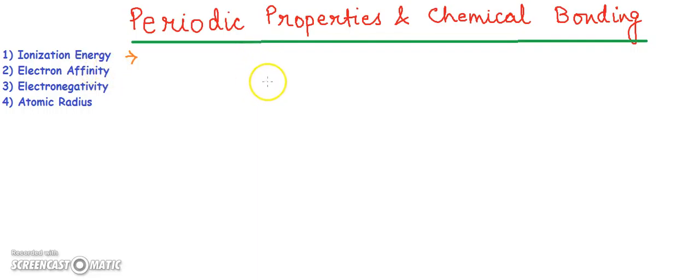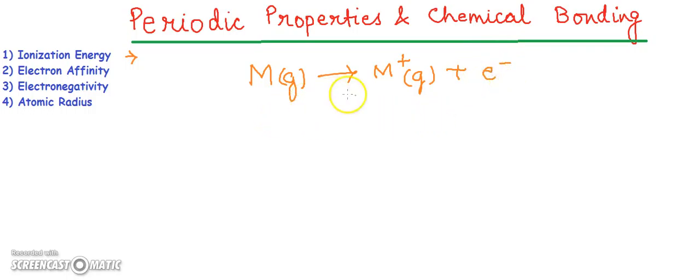So here I'm writing some equations. I have a metal M in the gaseous form, and this changes to the ionic form. From the neutral, it changes to the ionic form, and a gaseous ion is generated by removal of the electron.